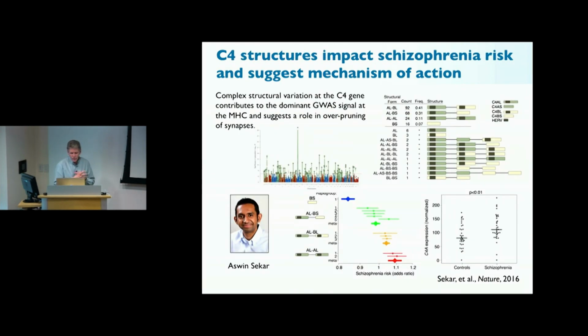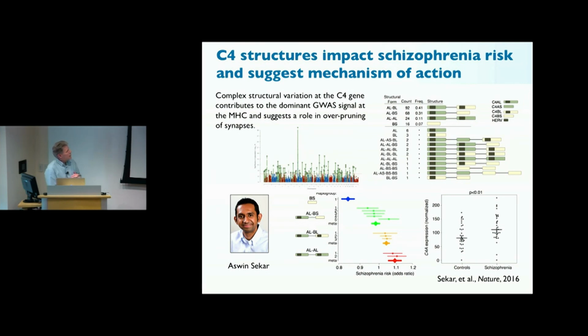And probably the most famous locus that we've worked on in the McCarroll Lab is C4, which is a gene that's implicated in schizophrenia risk. If you can see the Manhattan plot in the middle here, in all of the schizophrenia GWAS studies, there's this one towering peak on chromosome 6 at the MHC, and because it's such a strong association, it was the first one identified in schizophrenia.